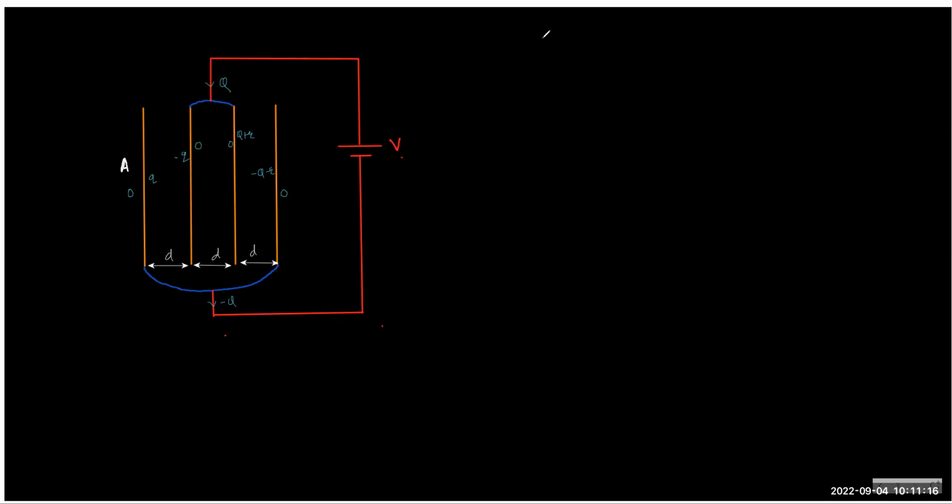Sir, I took two variables and solved. That's fine, that is also okay. Imagine if someone is not able to figure out that nothing appears on the facing plates of the middle plates. In that case, you will assume something like x and minus x. Because even if you assume x and minus x, we are done. The conservation is still the same.